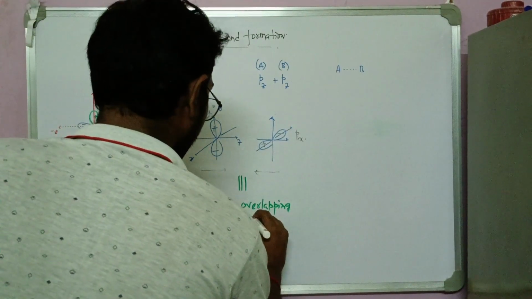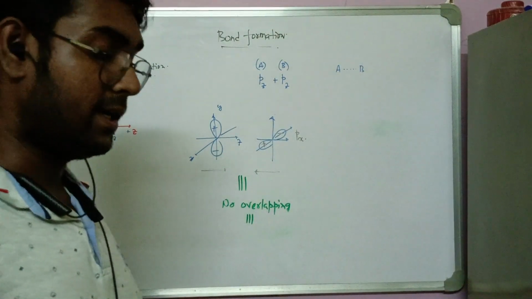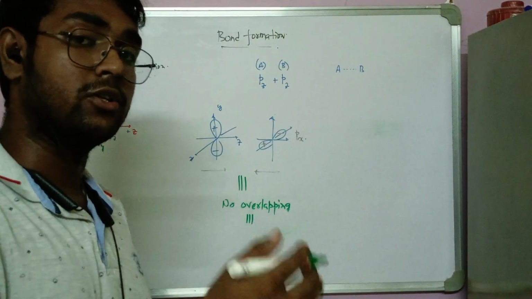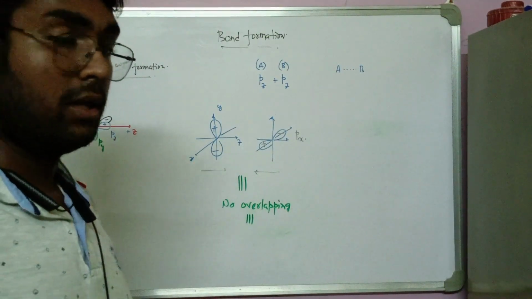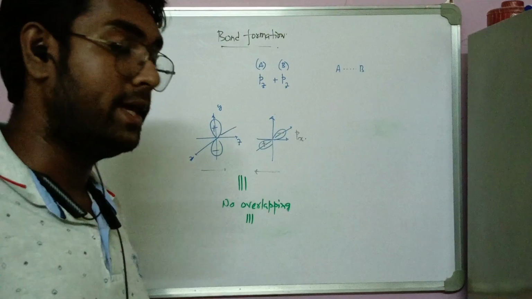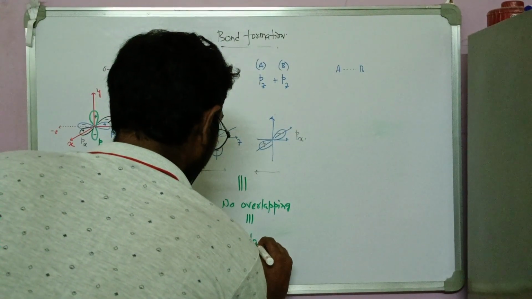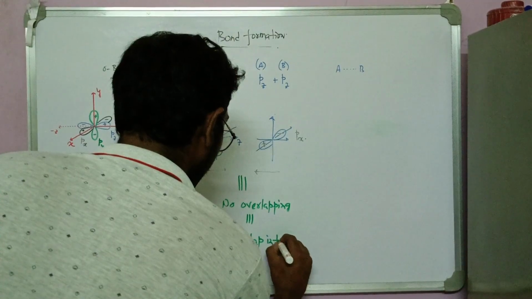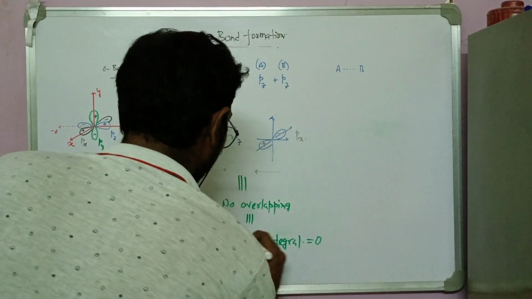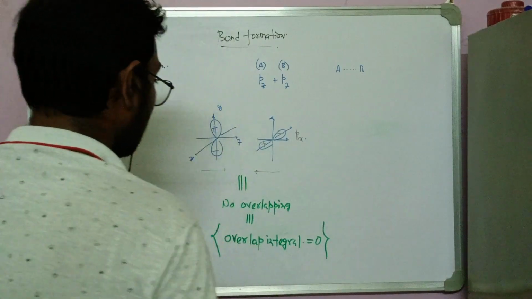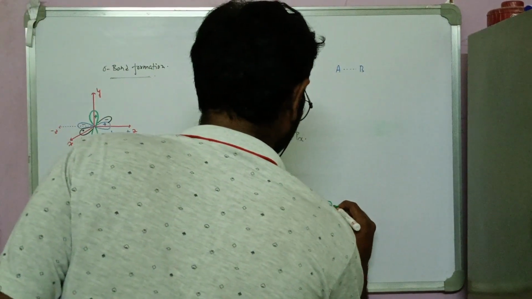Or we can say there is a term called overlap integral. Overlap integral means the space where the electron densities are overlapping. So there are no such places present upon the overlapping of px and py. So we will say that in this overlapping, the overlap integral equals 0. So no overlapping, that means no bonding.